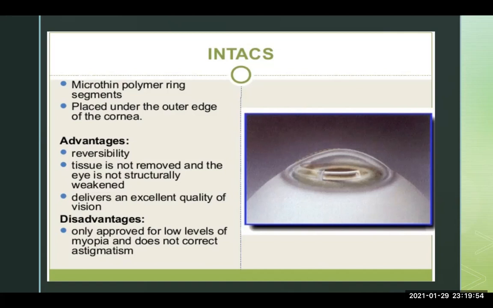So this tunnel will be formed by this laser, and then the intracorneal ring is implanted in this tunnel to flatten the cornea and to decrease the irregularities of the corneal surface.